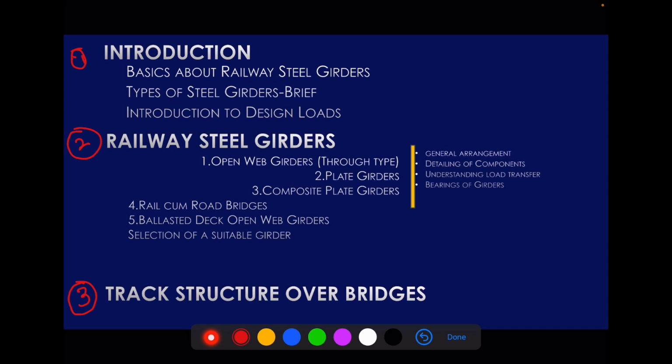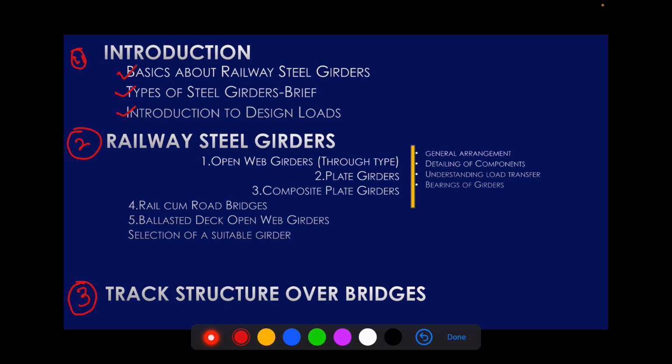In the introduction, we have covered some basics about railway steel girders, then what the different types of steel girders are. A brief introduction of these girders is given because in session 2 we are going to cover them in much more detail. Then we have tried to introduce the topic of design loads for which these girders are designed.